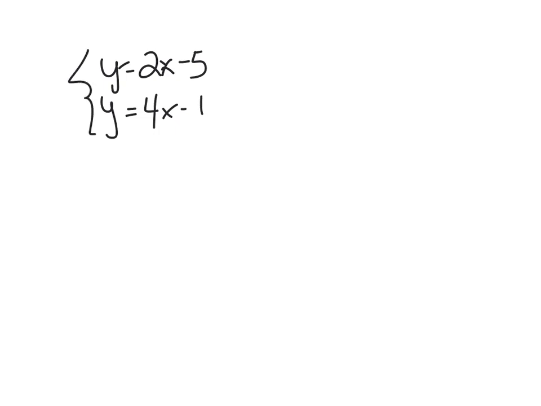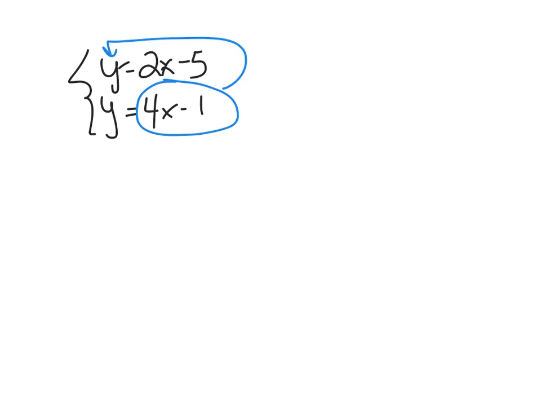Let's say that we have y equals 2x minus 5 and y equals 4x minus 1. Notice in this system that you already have both of the equations solved for y. So it doesn't really matter which one I take and put in for the other one. I'm going to take this 4x minus 1 and put it in place of the y in the other equation.